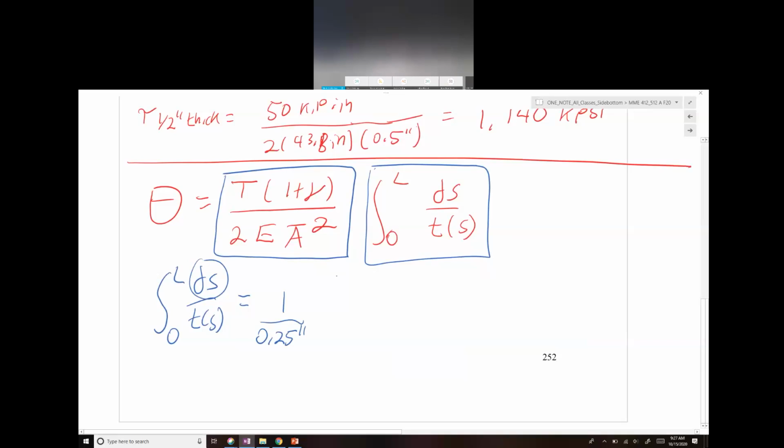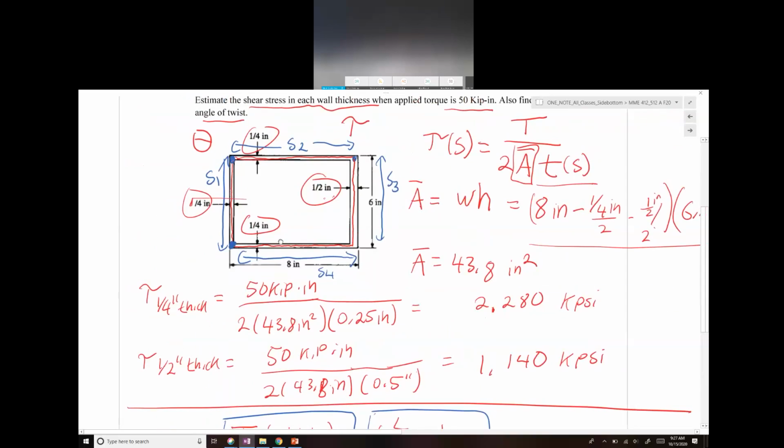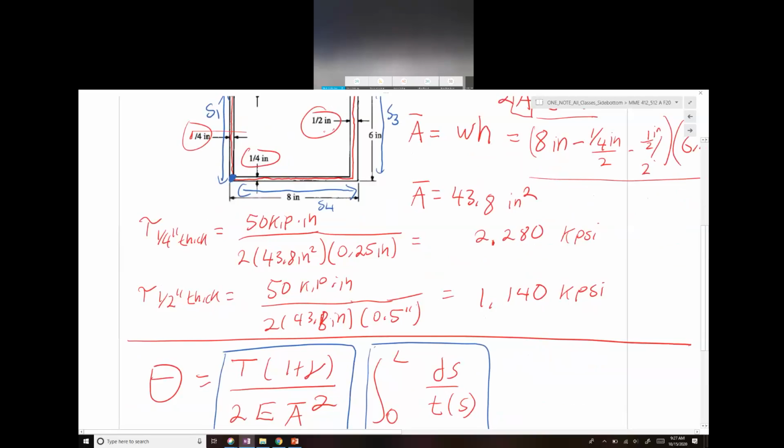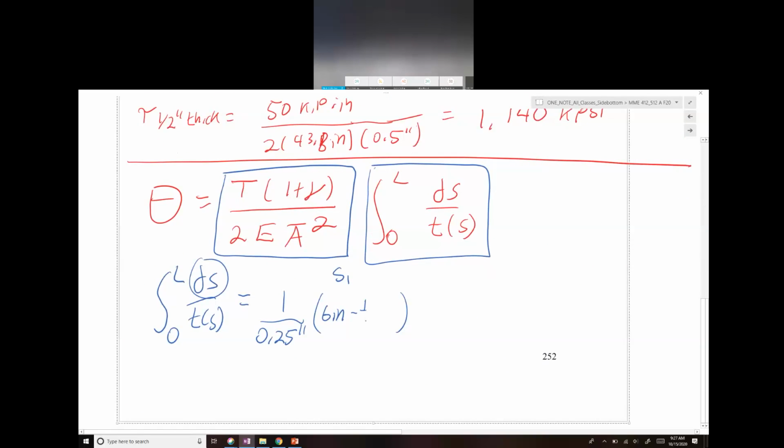Okay? So this is the length of S1, which would be equal to the 6 inches minus the thickness of the top and the bottom section. So the top section is 1/4 inch thick and the bottom section is 1/4 inch thick. So we would just have to subtract 1/4 inch 2 times. Okay, so that's the integral for S1.